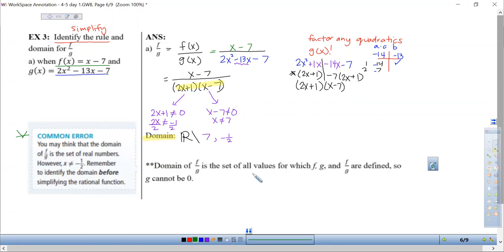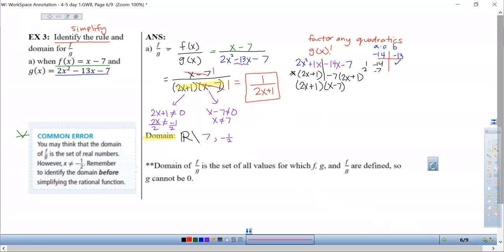Because notice that once we go back to our expression, I can reduce x minus 7 divided by x minus 7 to 1. So that means that we're left with 1 over 2x plus 1. Okay, so that is our answer. That's our rule. And then our domain is all real numbers except 7 and negative 1/2.